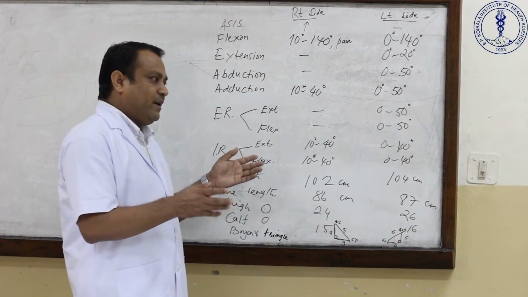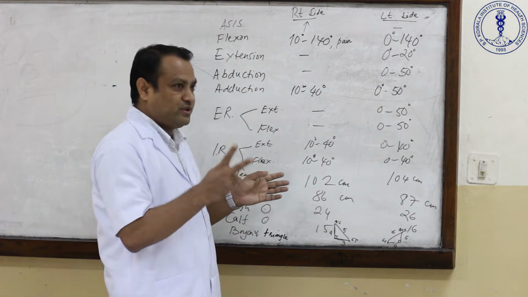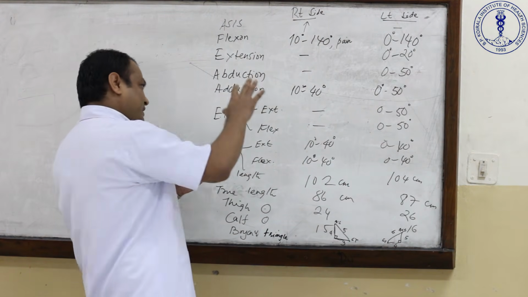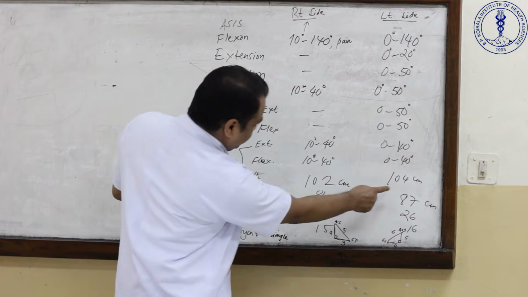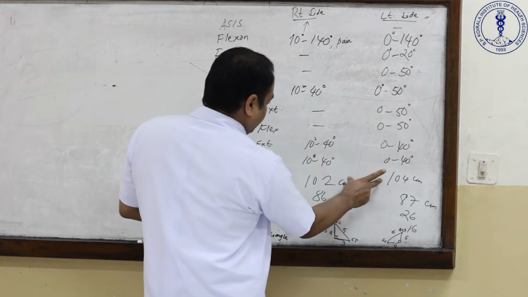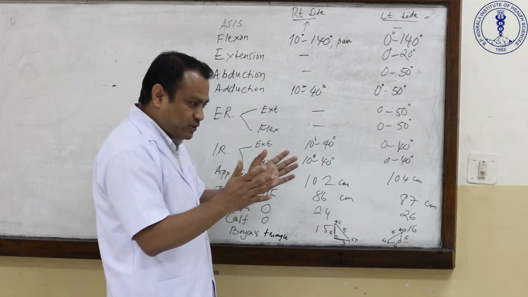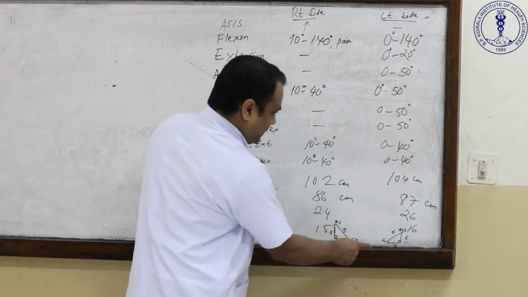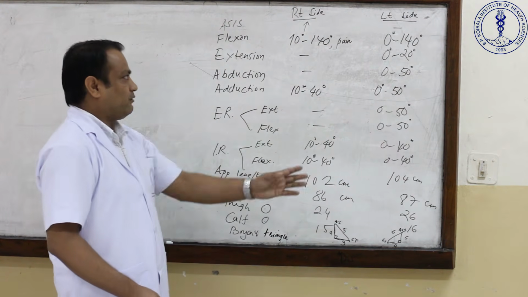So in total it appears that the limb is 2 cm short: 1 cm anatomical shortening and 1 cm because of this adduction deformity. The same you see here, apparent length is 104 and 102, so 2 cm apparent shortening. Though the limb appears 2 cm short, actually it was 1 cm shortening and 1 cm because of the adduction deformity. This is how you can calculate.